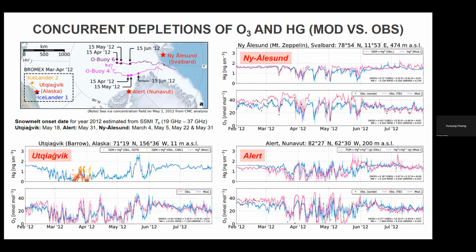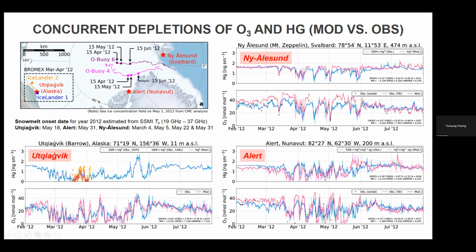And here's a time series for the surface ozone and gaseous mercury concentration at 3 sites: Barrow, which is currently called Utqiagvik, Alert, and Nielsen. As you can see, blue is our model results and red is observation. The correlation coefficient between these two at hourly concentrations is about 0.6, which I think is very great.